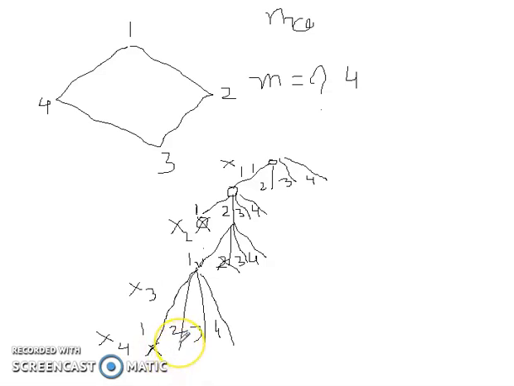Then if I try to give color 2, that will be allowed. Color 3 will be allowed and color 4 will also be allowed. So the first solution that I have found is first vertex 1, second vertex 2, third vertex 1 and fourth vertex 2. So this way, using 2 colors, I can color this graph.